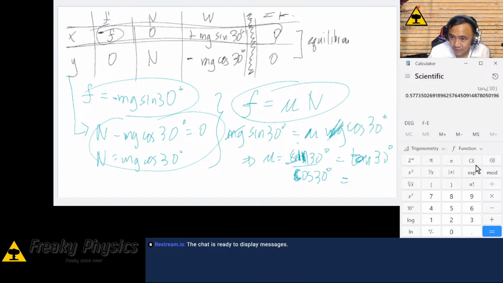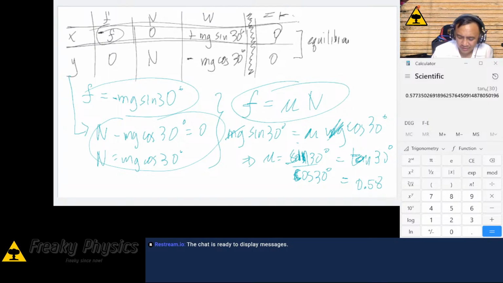In our case, our coefficient of friction is 0.58. The coefficient of friction is dimensionless, so the number is just a number. Is that clear?